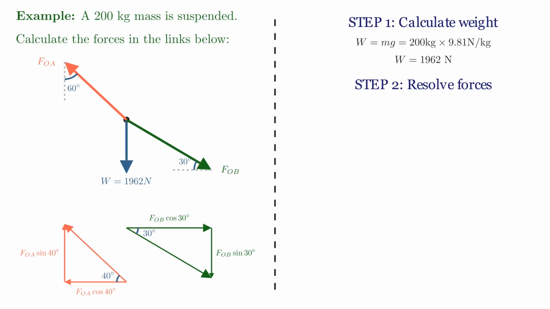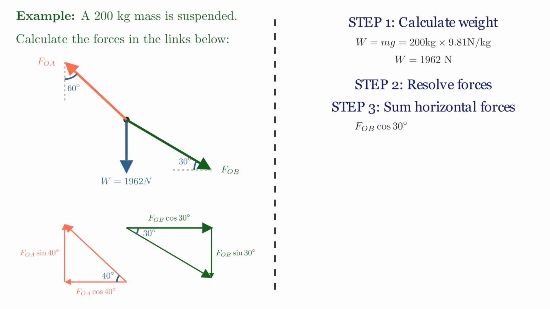Because the system is at equilibrium, the sum of the forces is 0. This means that the sum of the horizontal forces is 0, and the sum of the vertical forces is also 0. So taking the sum of the horizontal forces, we take the forces to the right as positive, and forces to the left as negative. So the force which involves a component going to the right is the FOB, and we said that that horizontal component is FOB cos 30, so we get plus FOB cos 30.